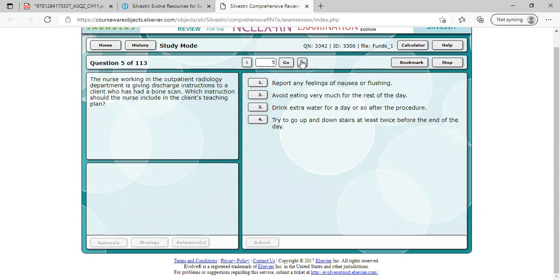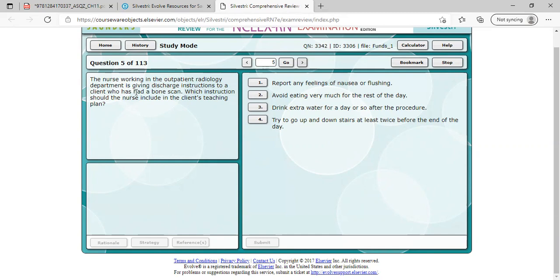Which instruction should the nurse include in the client teaching plan? So, outpatient facility, radiology department, and what education needs to be given to the client who had a bone scan, right? Choose all of the teaching which is important from here.